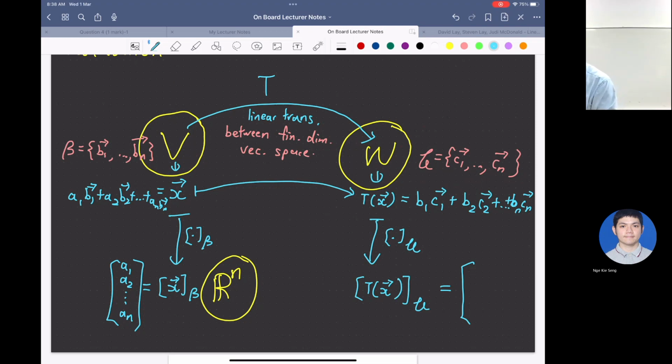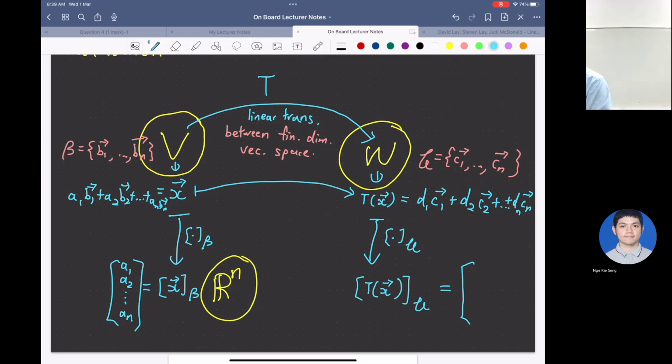I don't want to use B dash, so use D. So what do you get after you take the coordinate vector for Tx?